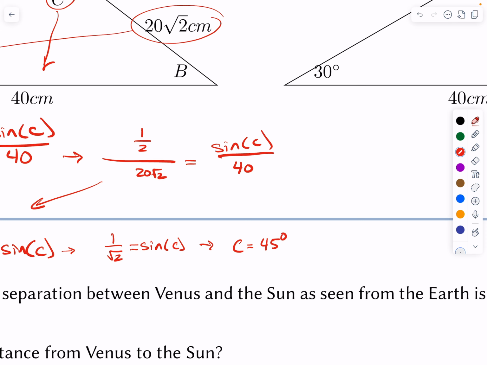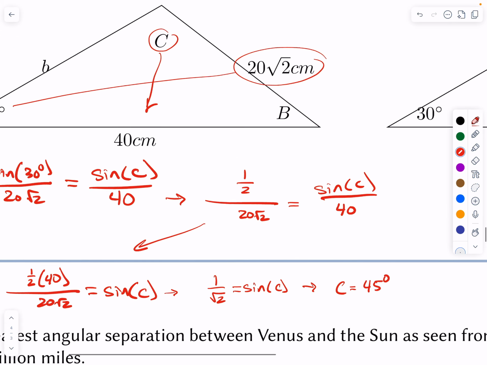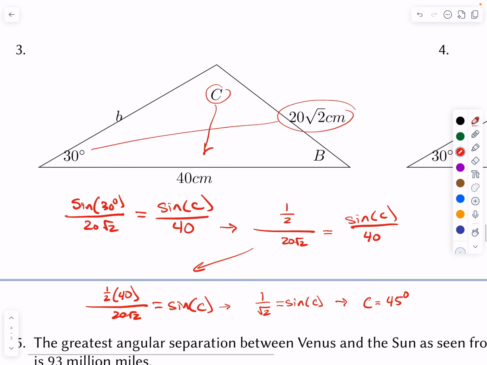Now, here's the trick, or the issue with the side-side-angle situation. You'll notice we have side, side, angle. With this, you sometimes end up getting the wrong answer based on other information about the problem.